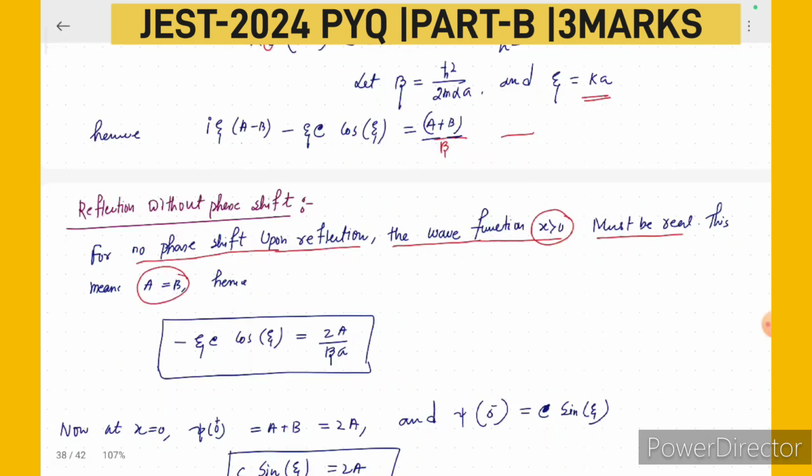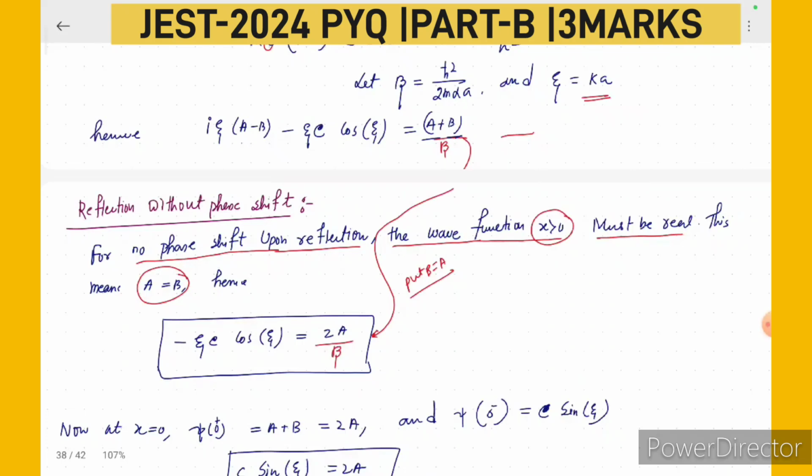So from these equations, put B equals A. Then we get zeta C cos zeta equals 2A by beta, only beta.